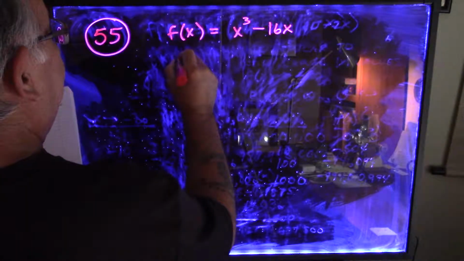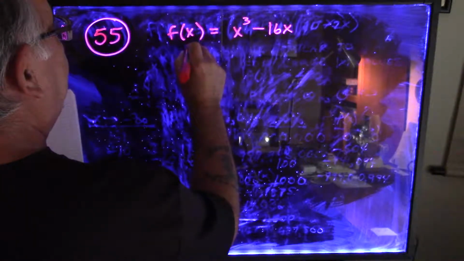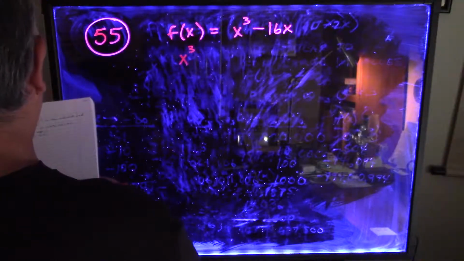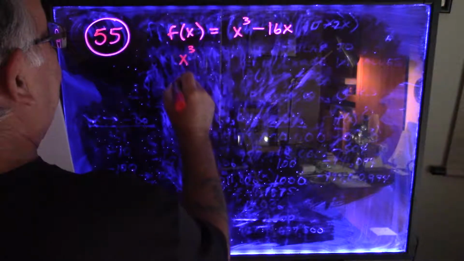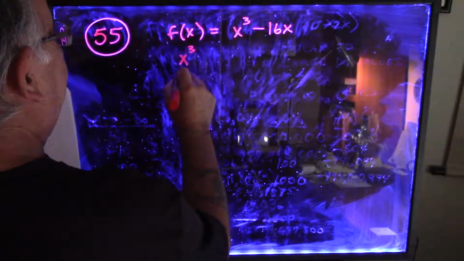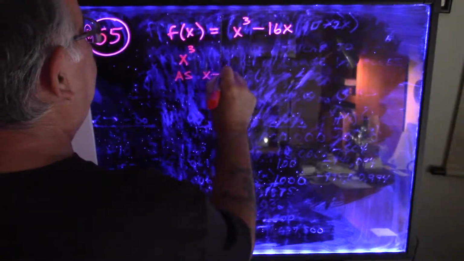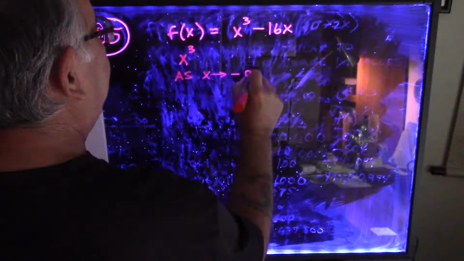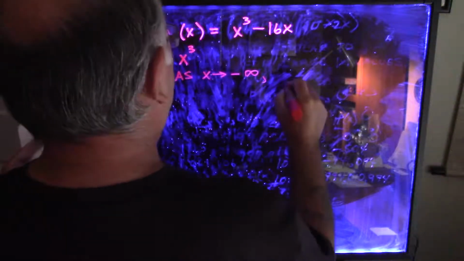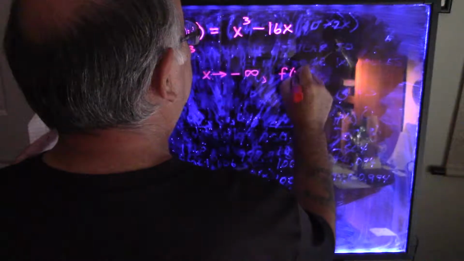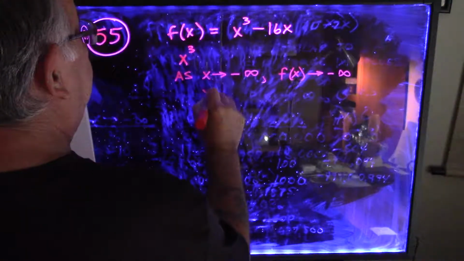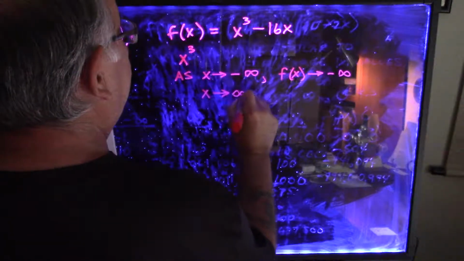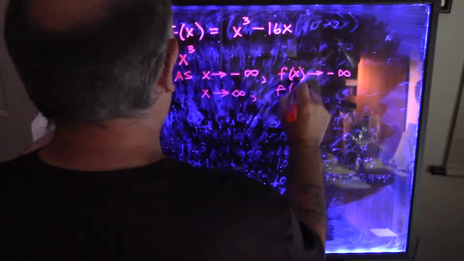So it's going to look a lot like y equals x cubed for a large absolute value of x. So you can determine end behavior: as x goes to negative infinity, f of x goes to negative infinity. And as x goes to positive infinity, f of x goes to positive infinity.